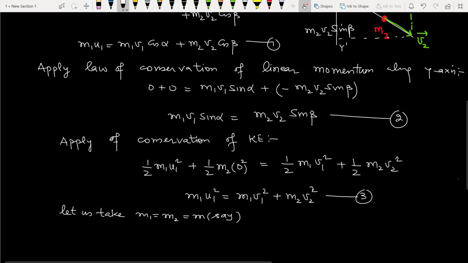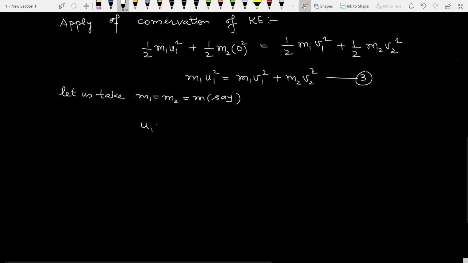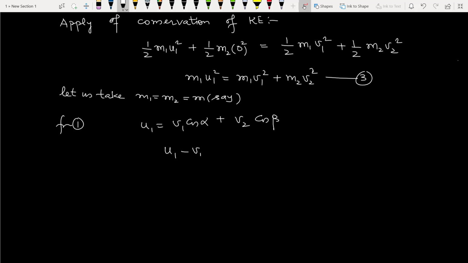So from equation number 1, m will cancel out, so it will be u1 equals v1 cos alpha plus v2 cos beta.